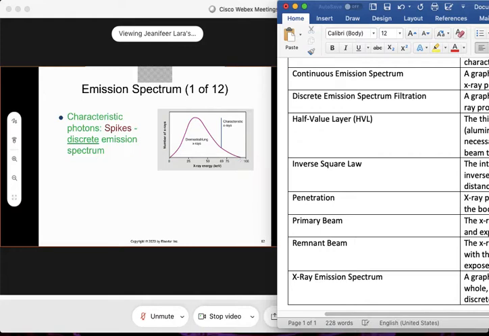So we know with that selection, we will have characteristic X-rays in our beam, correct? It's unavoidable, right? Not as much as bremsstrahlung, but we will have. If we stopped our kVp selection here, then no, we would not have any characteristic photons. Make sense?